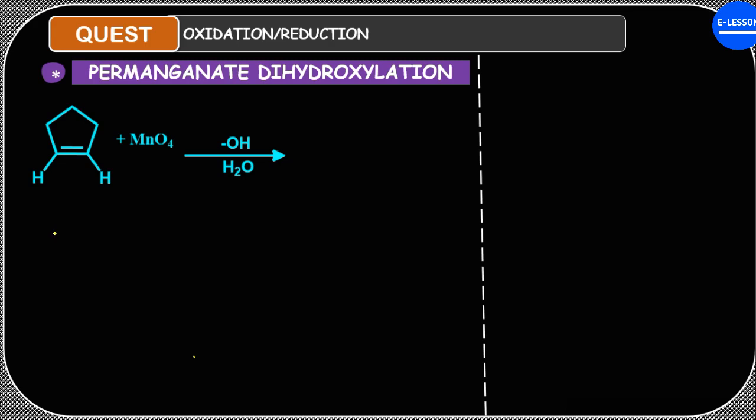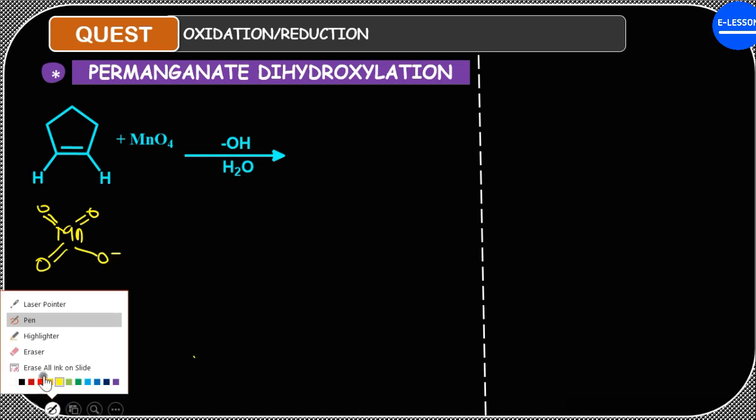So we have the permanganate ion, which is something like this: Mn, then we have double bond oxygen, double bond oxygen, double bond oxygen, then here should be the O minus. Now when these react, what do you think is going to form?